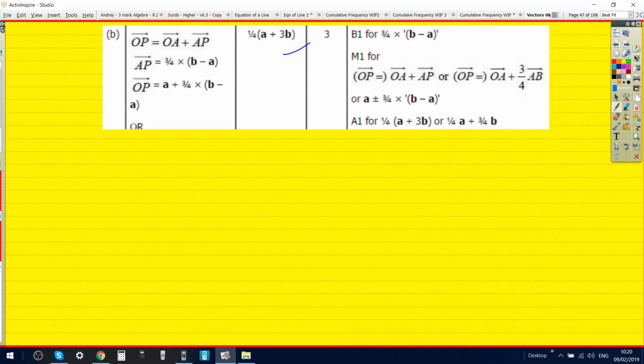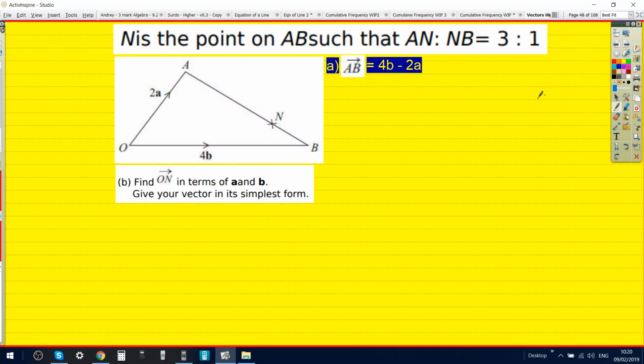So they did that. Okay, let's try it. Okay, so A to B is 4B minus 2A, and we want to go to O to N. O to B would be plus 4B, I think.